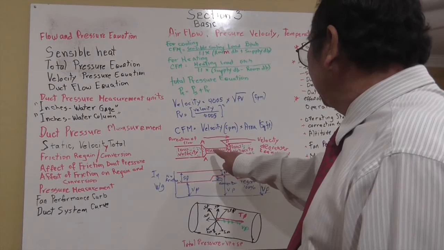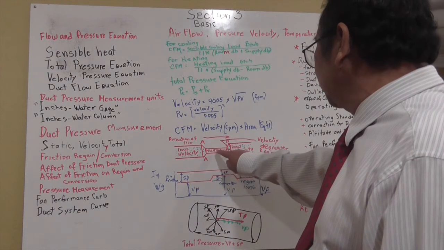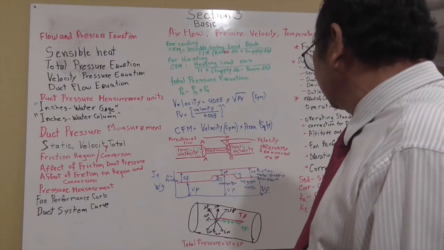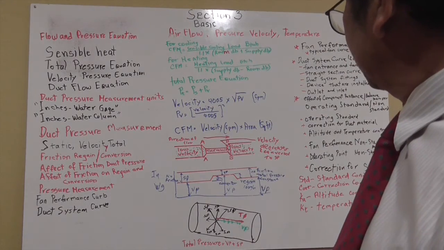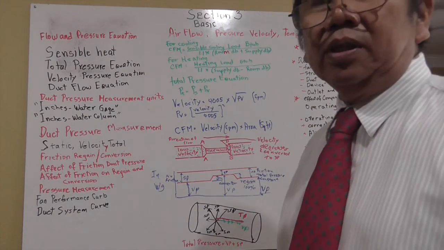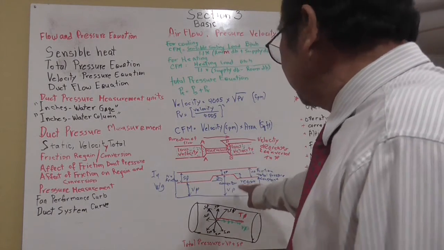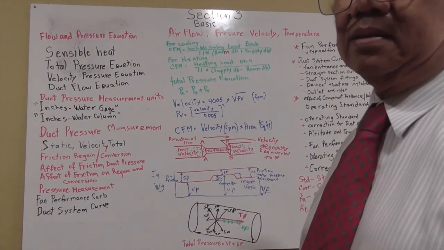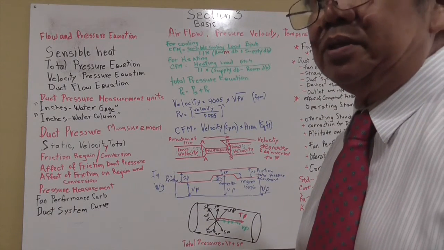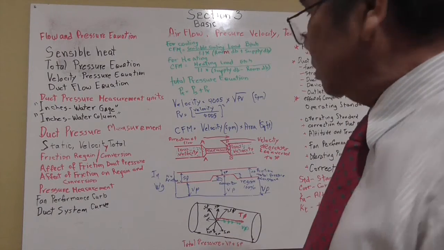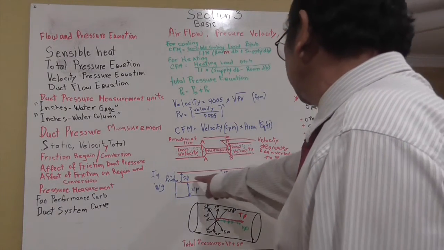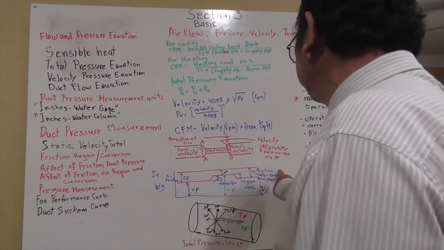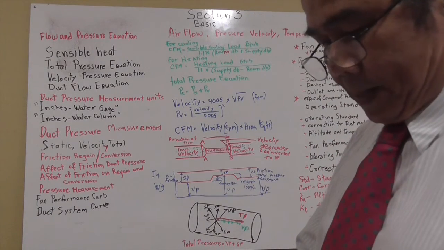So when it goes to the restriction, the static pressure decreases and the velocity pressure increases. It makes sense. The velocity pressure increases and the static pressure decreases, as it shows here on the graph.